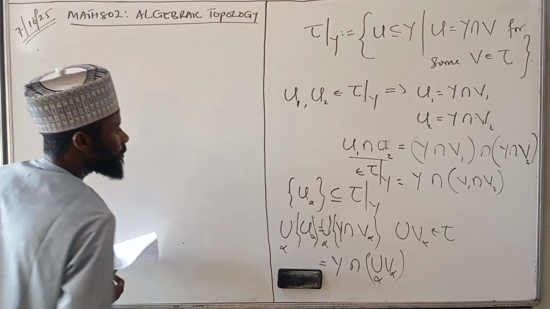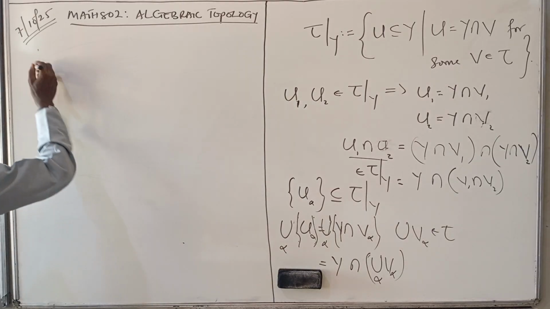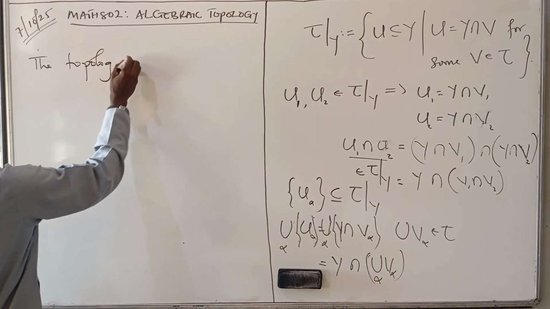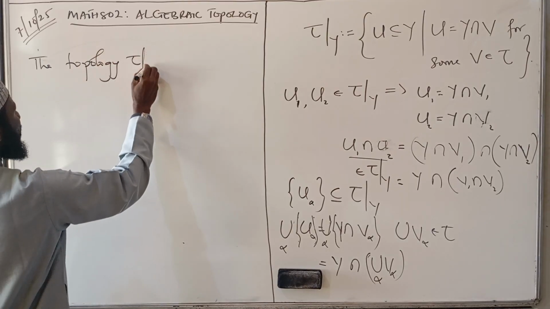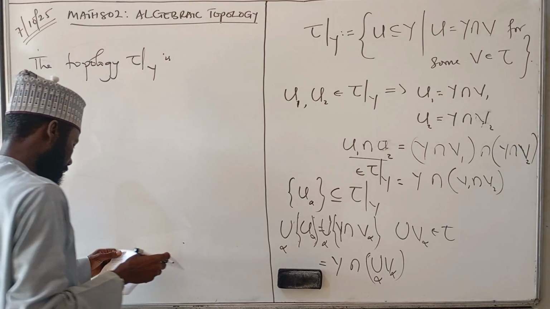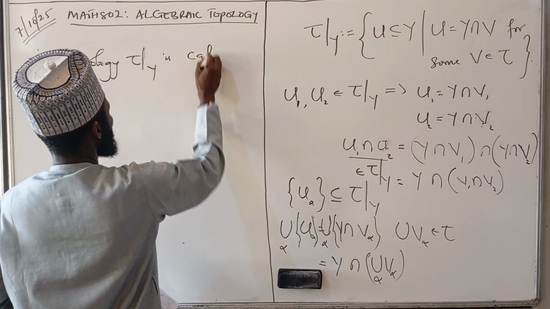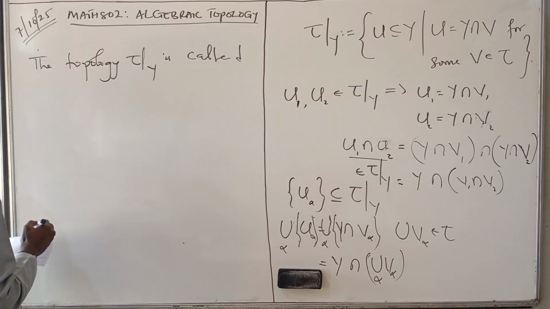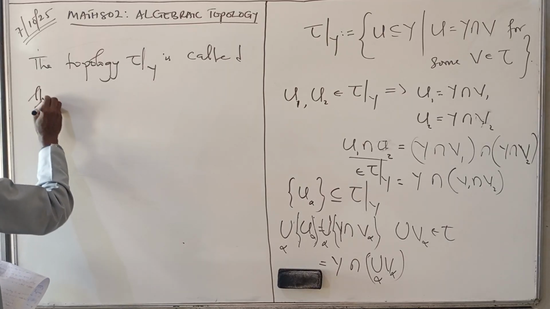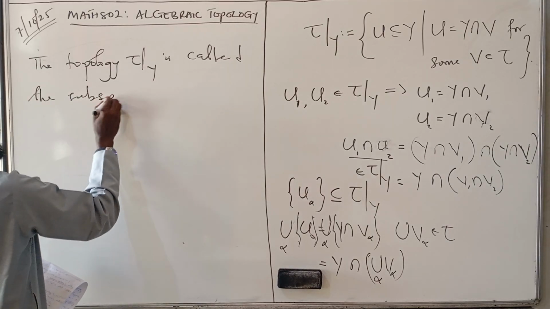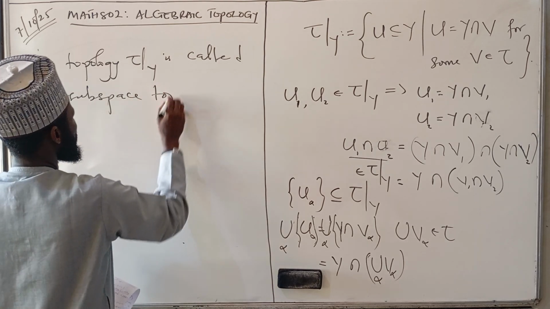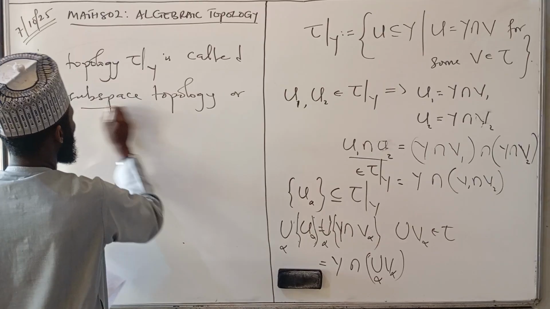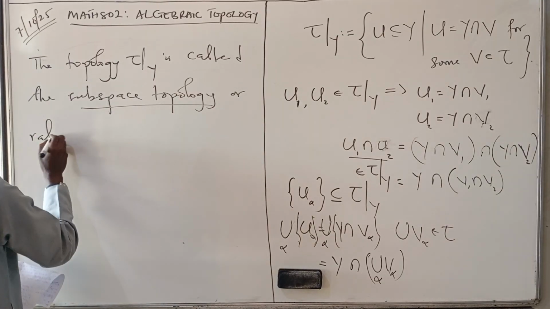So the topology tau by y is called the subspace topology, or a second name, relative topology.